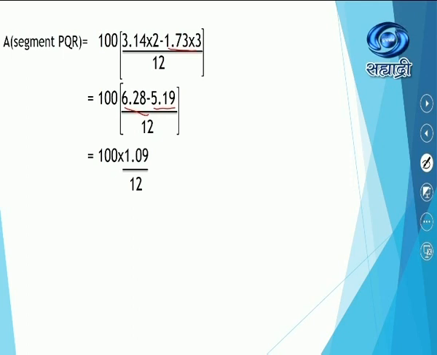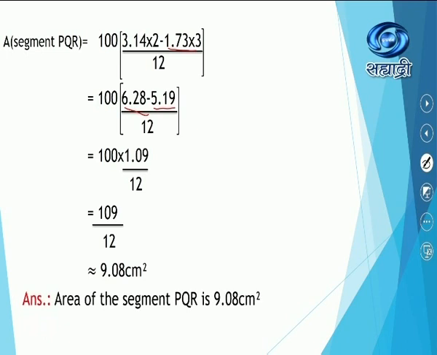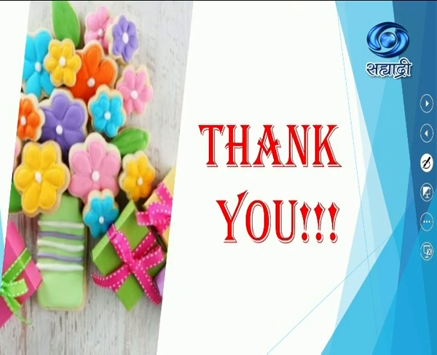Now 100 into 1.09 is 109 upon 12. So approximately the answer comes as 9.08 centimeter squared. Therefore, area of the segment PQR is equal to 9.08 centimeter squared.